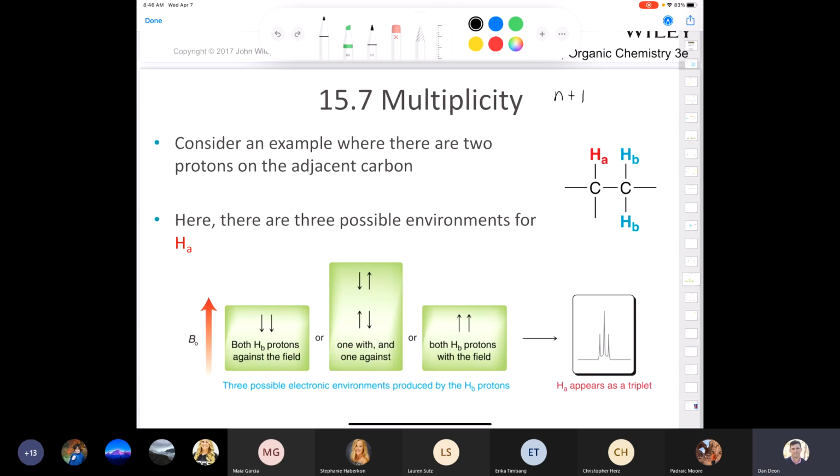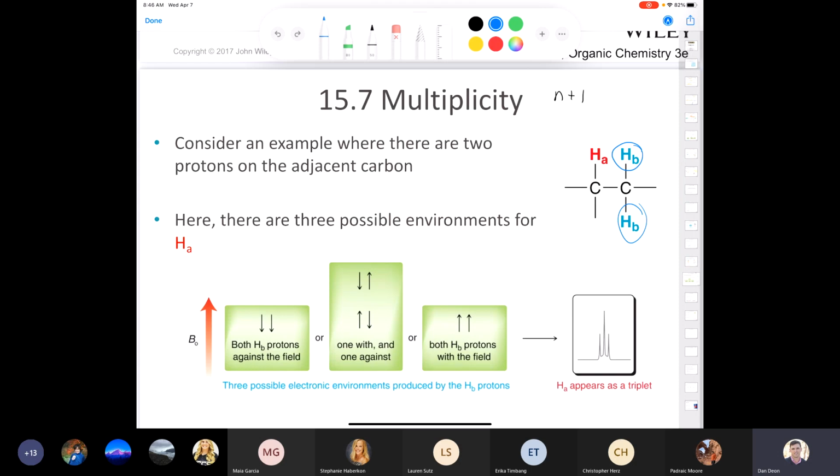But what I want you to understand is how the two HBs affect the frequency of the resonance of HA. Both HBs can be spinning in the same direction as the applied magnetic field, which is going to cause de-shielding.